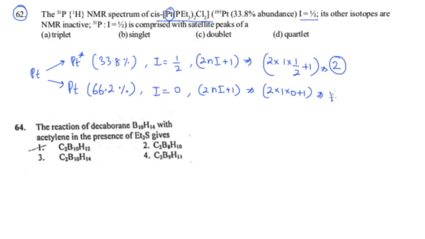That means this will give you a doublet and this will give you a singlet. So your platinum spectrum will actually look something like this.